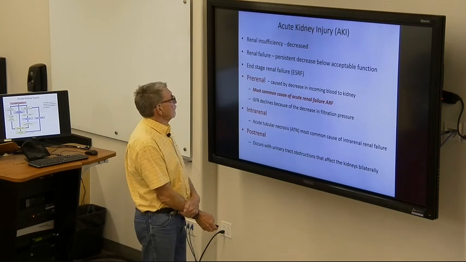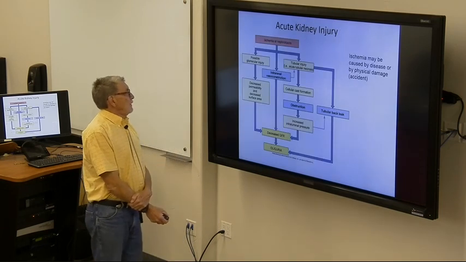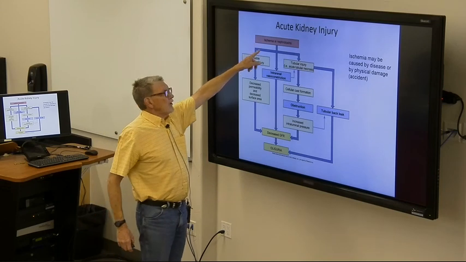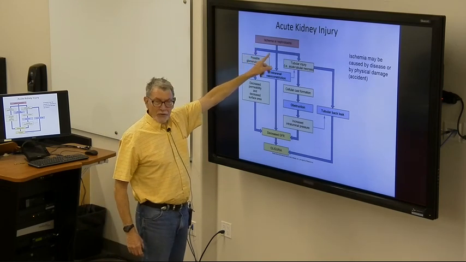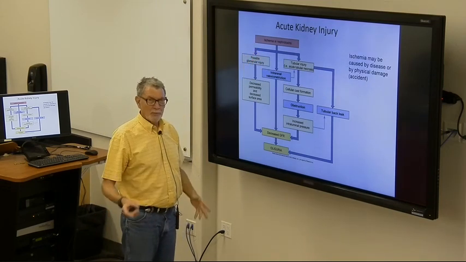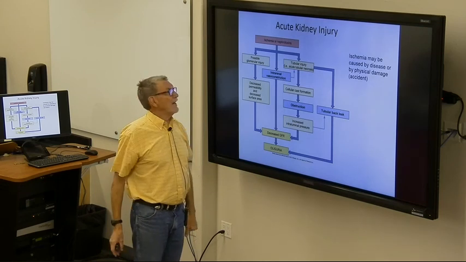So here we have lack of blood flow to the kidney, or some toxic substance that damages them, or autoimmune attack of them, or whatever.